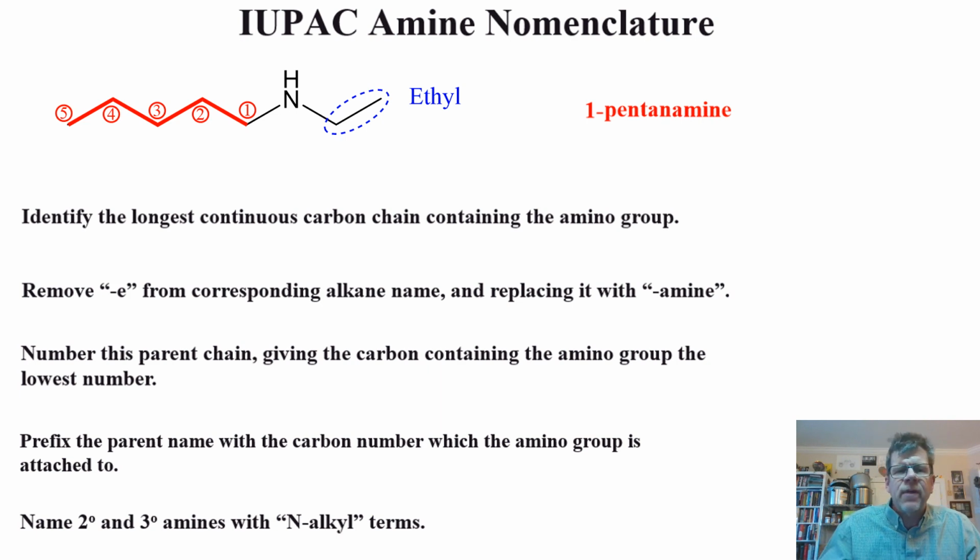It's a 2-carbon ethyl group, but instead of connected to the parent structure, it is connected to the nitrogen. So instead of 2, 3, or 4 ethyl, or that sort of thing, 1-pentanamine, we write N-ethyl-1-pentanamine. N-ethyl because that ethyl group is covalently bound to the nitrogen, not the parent structure.